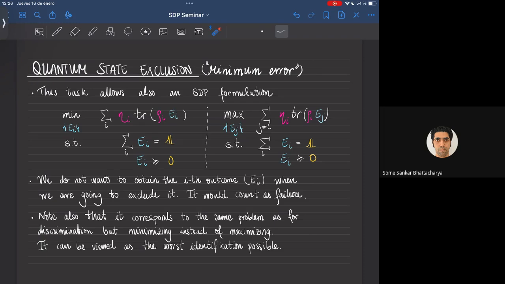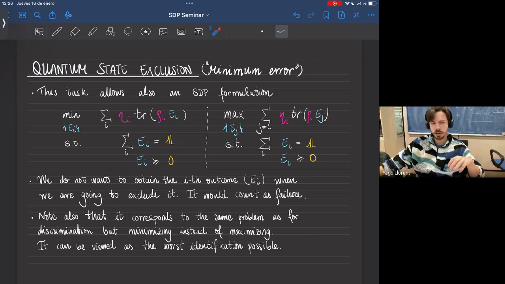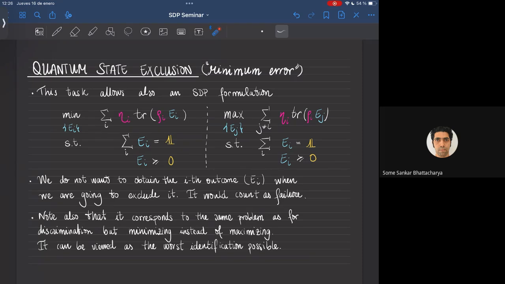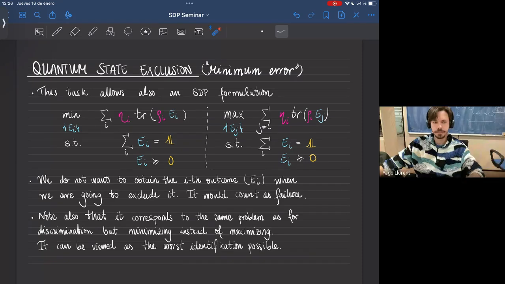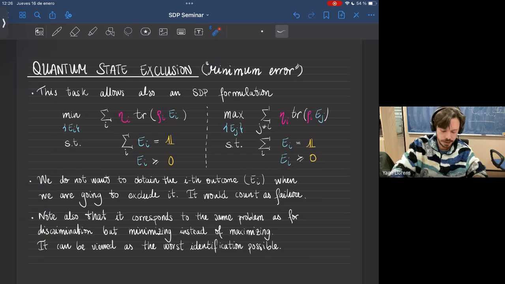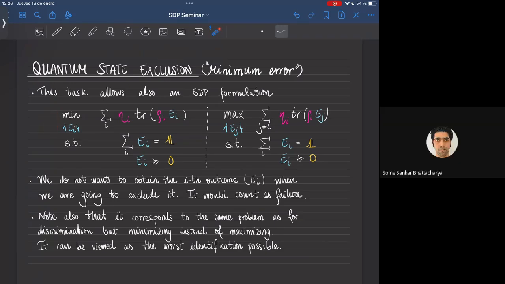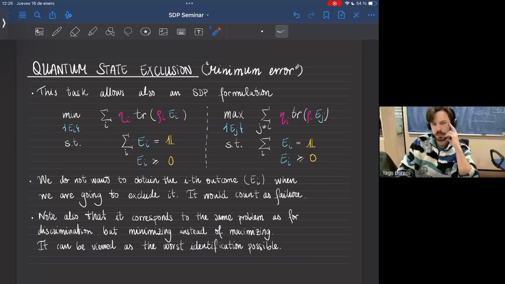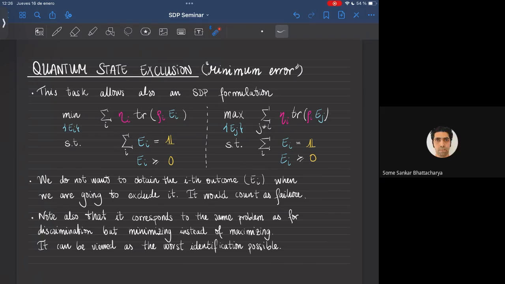So operationally, you have this intuition that it will be greater. Here you have that this is the error probability, but you can interpret it as the worst possible measurement in some sense.